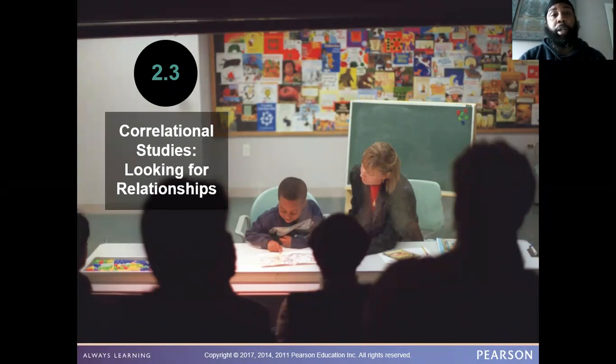Correlational research is important because it tells us where to look for relationships. If you have variables that are associated with one another, then it gives you a good starting point from where to analyze your data, from where to continue to assess your hypotheses and to try to understand how these two variables are related in the natural world.